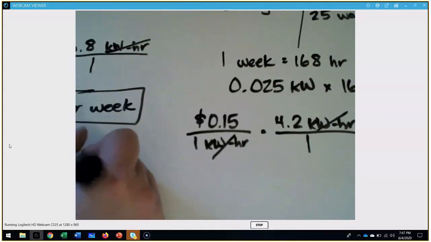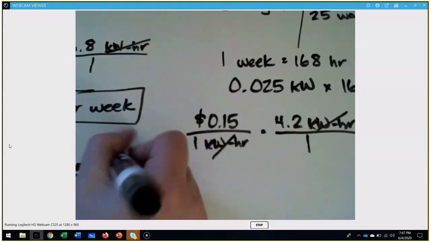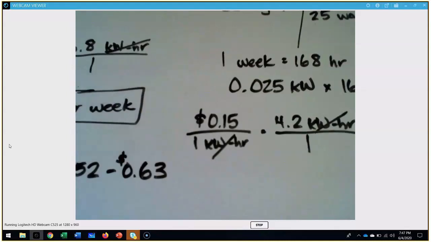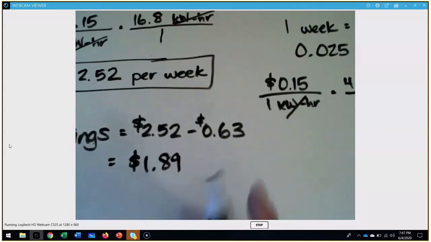So 252 minus 63 cents is a savings of, I got $1.89. That's still per week.